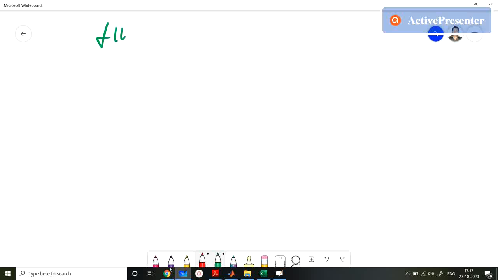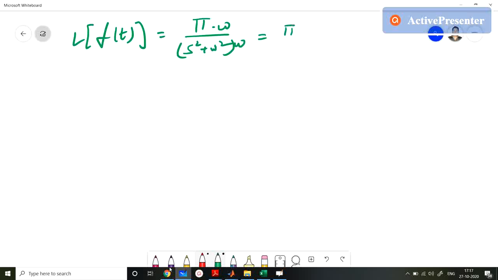So the Laplace transform of f(t) is given, that is pi divided by s square plus omega square. Then what we can do is divide and multiply it by omega. So it is equal to pi divided by omega, times omega divided by s square plus omega square.